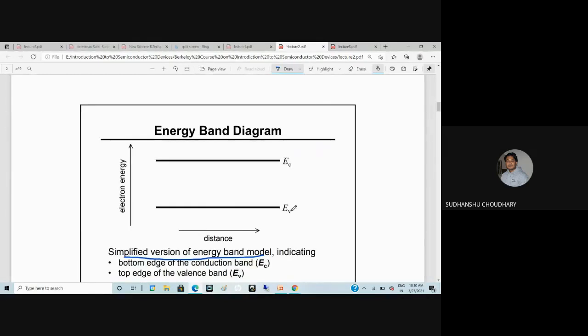So this is my valence band, and this is the top of my valence band. The valence band is also below this. So I'll write: top of the valence band, VB. Similarly, the conduction band is also present here, not just here.